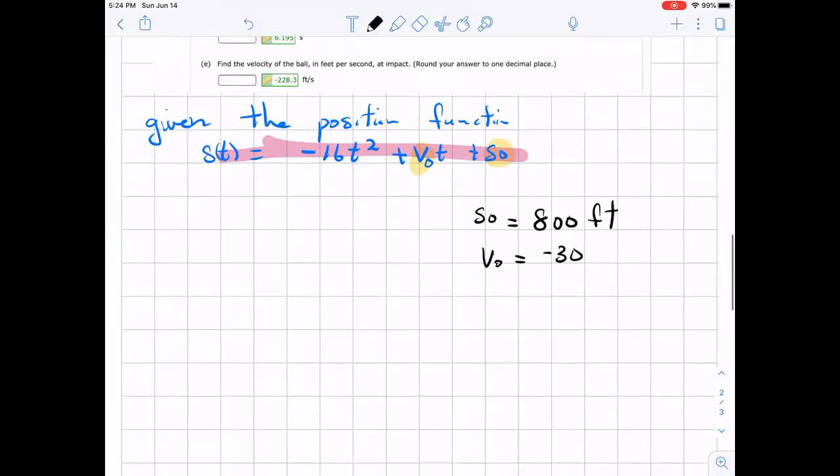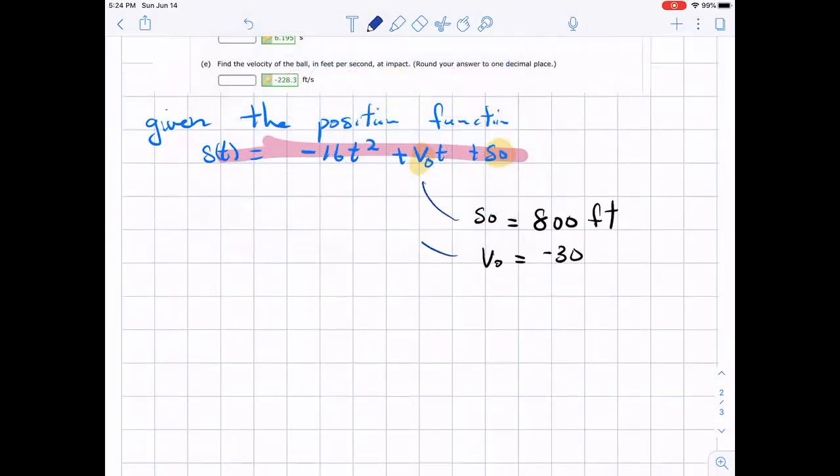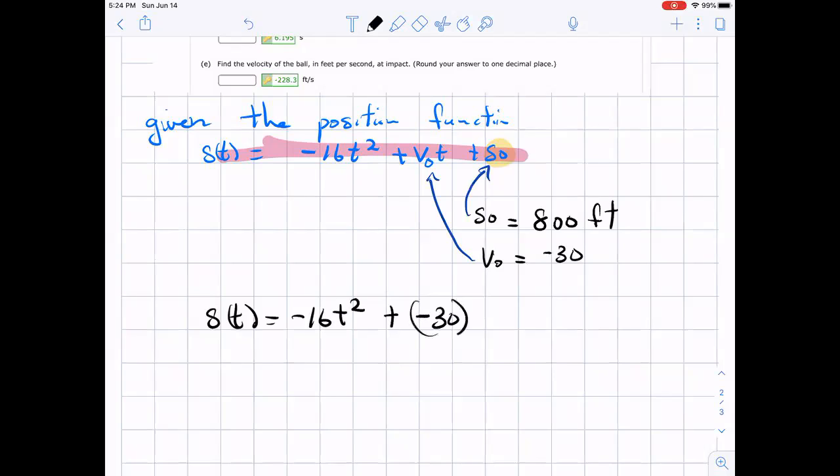So therefore, if I plug S0 and V0 in, we have S of t is minus 16t squared, plus a negative 30, that's V0, t plus S0 is 800.